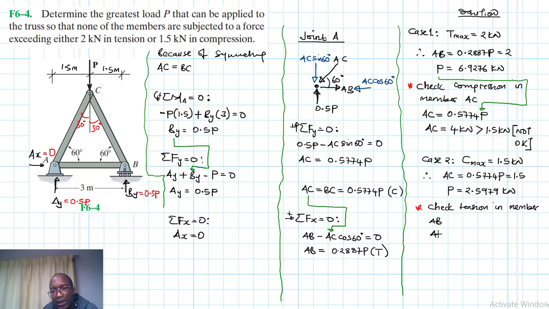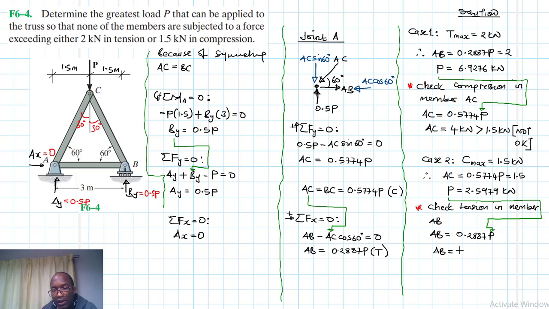We said AB is equal to 0.2887 P. We'll replace this P here, and when we do so, we'll find that our AB is going to be equal to 0.2887 times 2.5979.